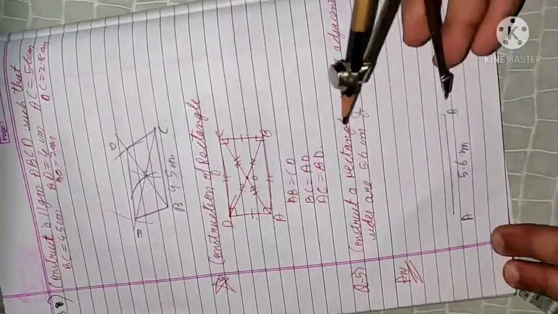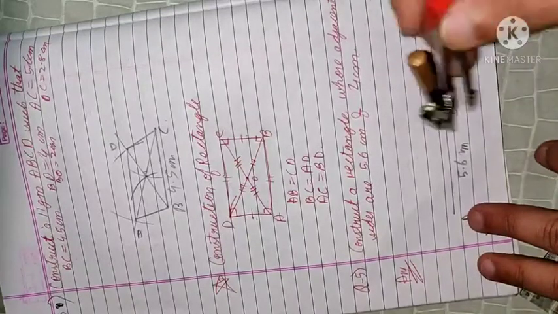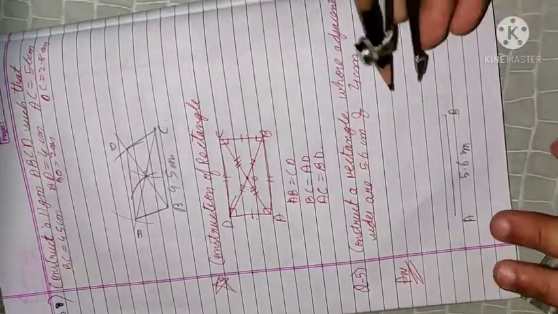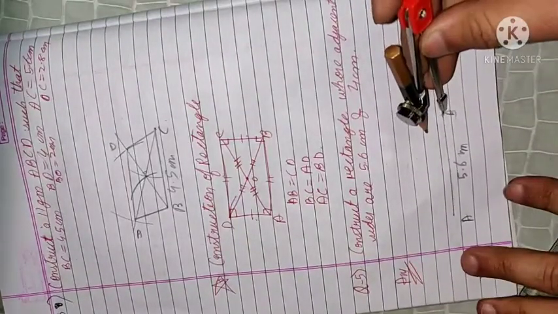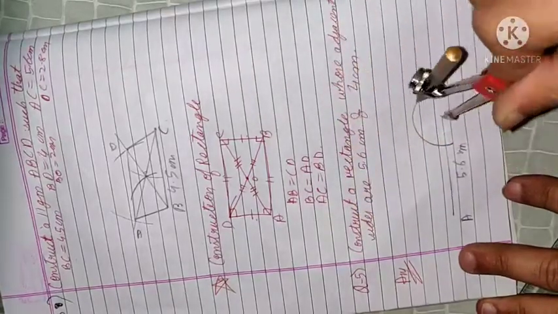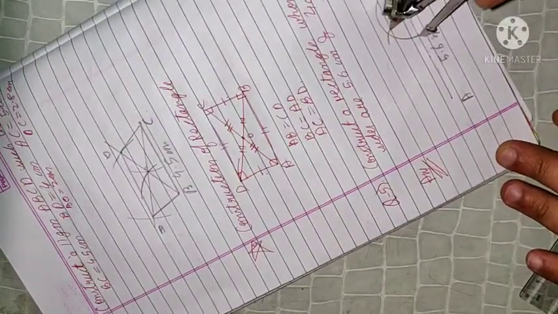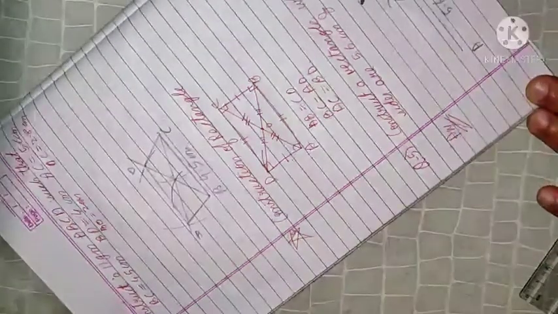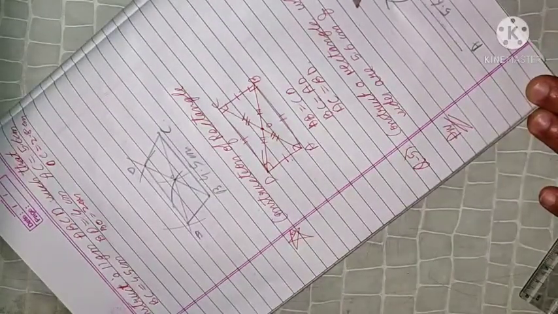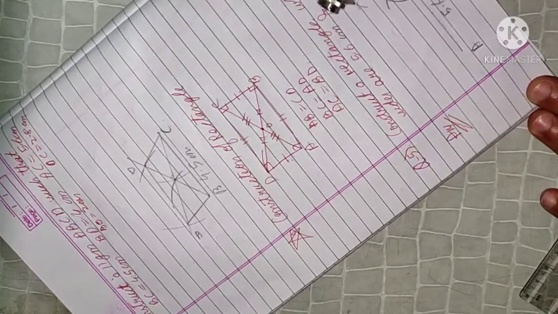What will we do? We will first construct a 90 degree angle at point B. Okay, now this intersects here.